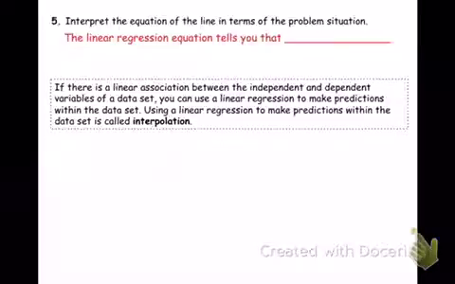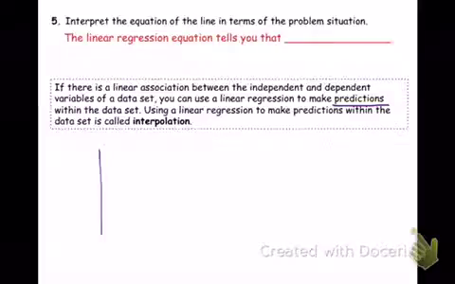If there is a linear association, meaning that the points go down or the points go up, they're not just scattered all over the place, between the independent and dependent variables of a data set, you can use linear regression to make predictions. So predictions are only really good when it is a linear regression.